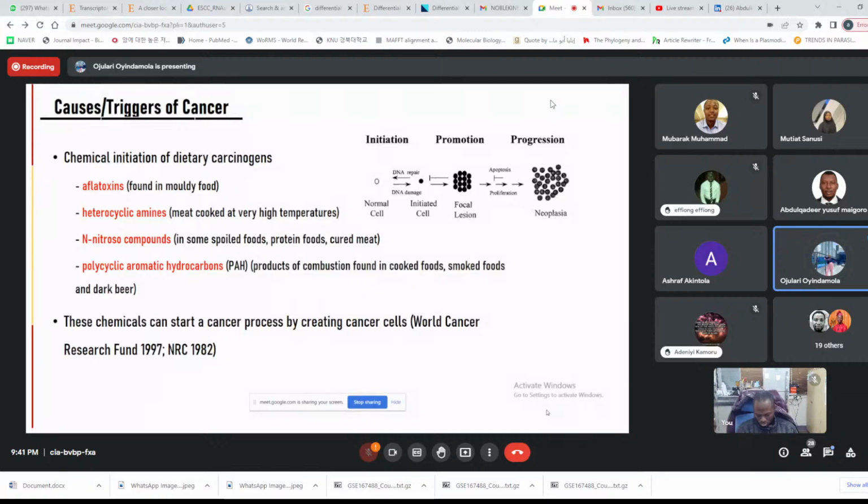These cells are now being initiated in our body. So every little thing we do henceforth, after the initiation of that cell, begins to promote the growth of these cells. And after promotion, of course, they begin to progress and spread.